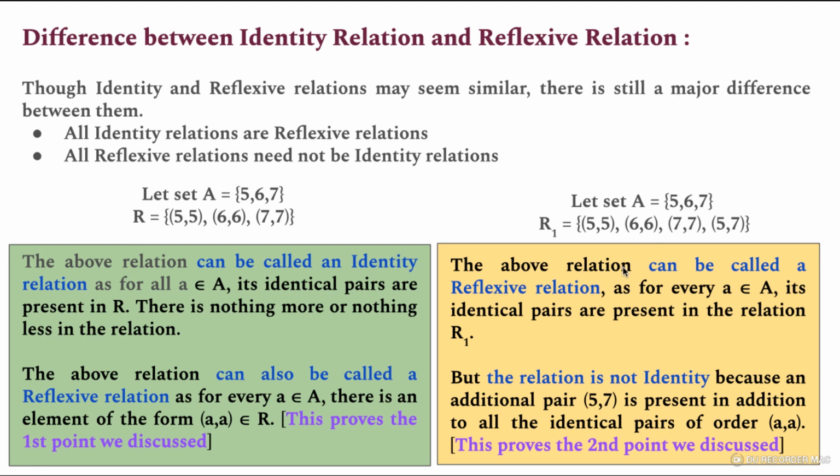Now checking for identity, it is not an identity relation. This relation is not identity because an additional pair (5, 7) is present in addition to all the identical pairs. Because of this extra pair, this relation is not identity. So this proves the second point we discussed, that all reflexive relations need not be identity relations.